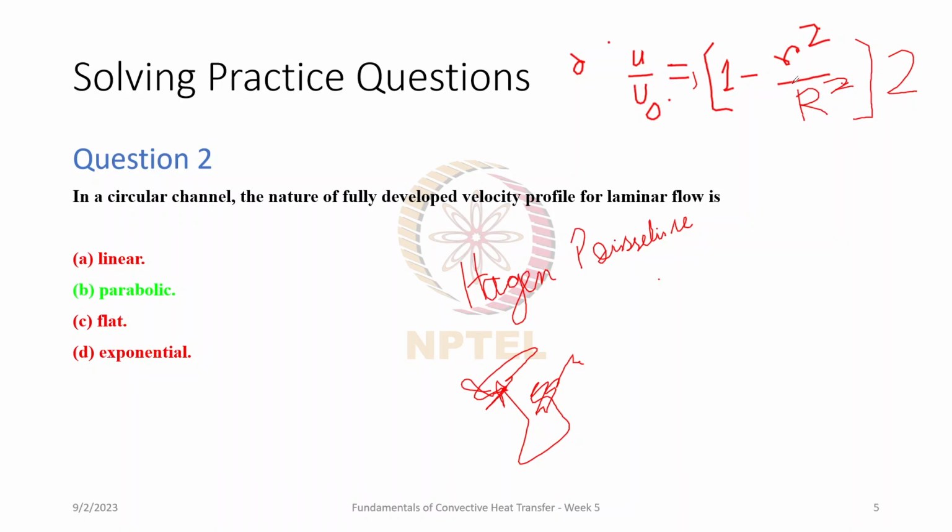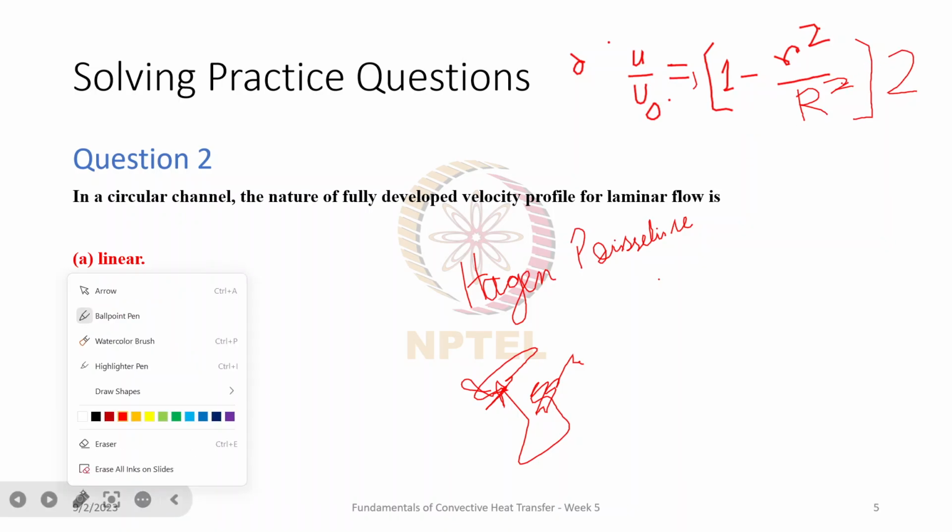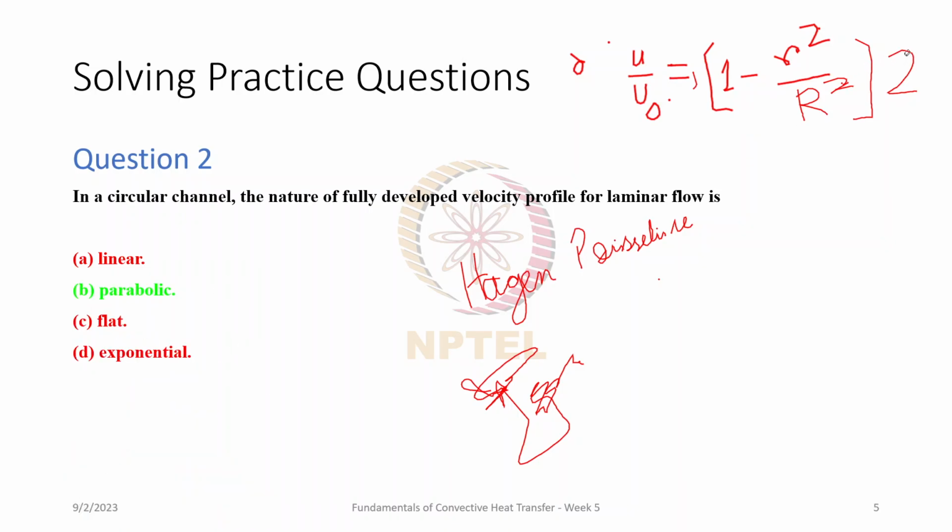Since we know that the maximum velocity is twice the average velocity in the center. Okay, so maybe the 2 won't be here. Sorry, that's wrong. So this is how Hagen-Poiseuille equation is given, and this form gives us a parabolic velocity profile in the laminar region.